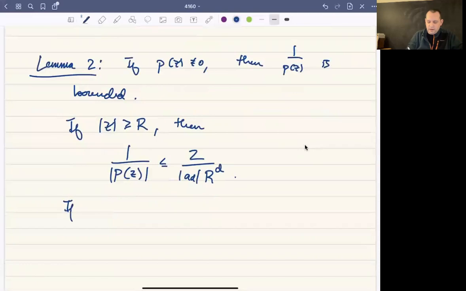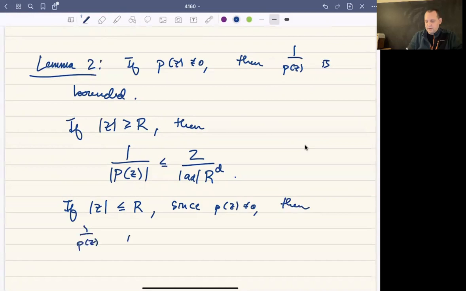And then as a follow-up, if the modulus of z is less than or equal to r, since p of z is not equal to 0, then 1 over p of z is continuous.